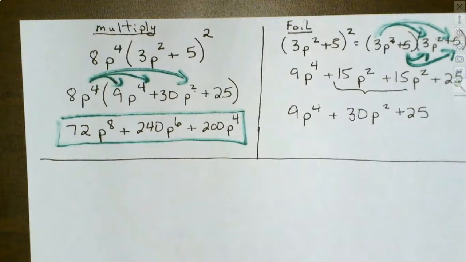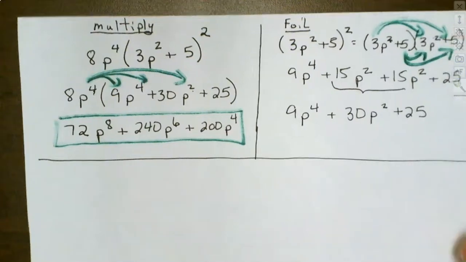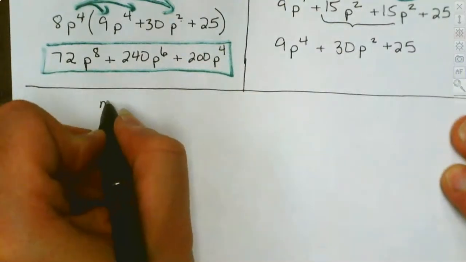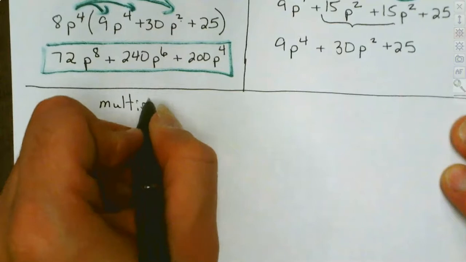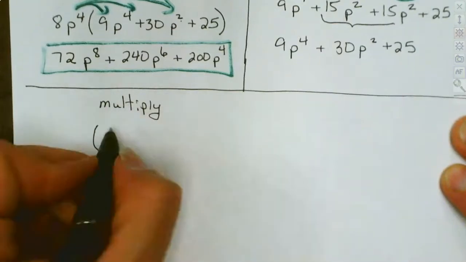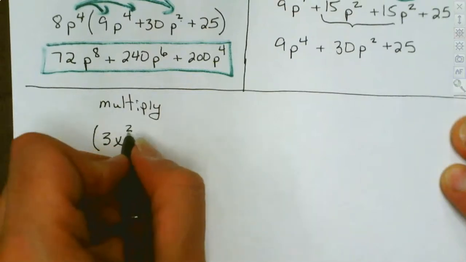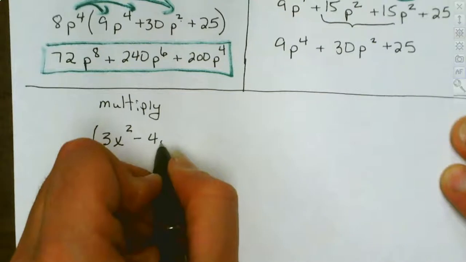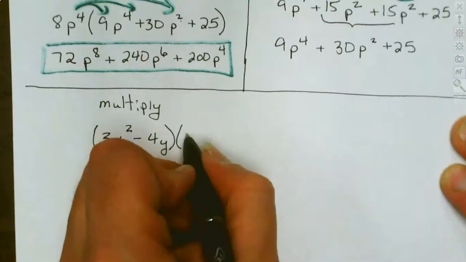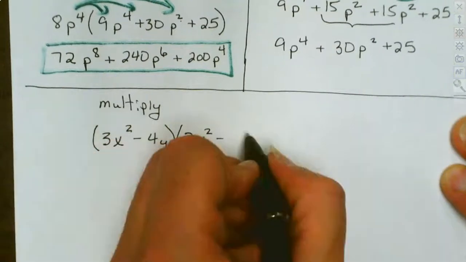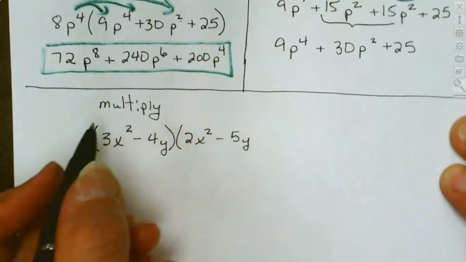We're going to do one more, and then we'll take a short break. Come back and look at the larger polynomials. So let's do one more of these. And again, directions are simply multiply. Well, sorry about that.